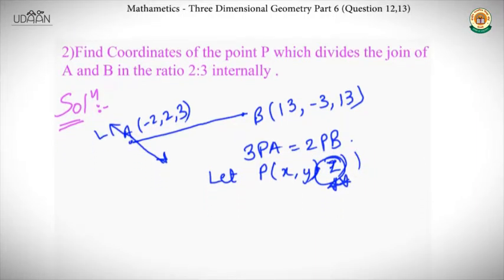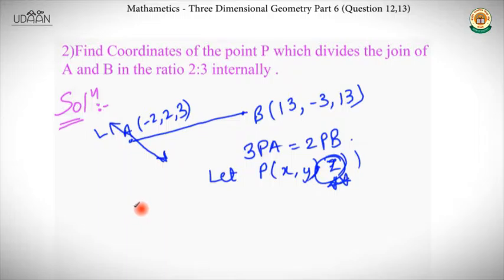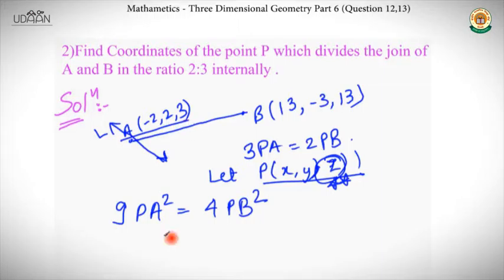So 3PA equal to 2PB, we will square this, which would yield us 9PA square equal to 4PB square. Now by distance formula, if P is (x, y, z) and A is (-2, 2, 3), then PA square would become (x plus 2) whole square plus (y minus 2) whole square plus (z minus 3) whole square.